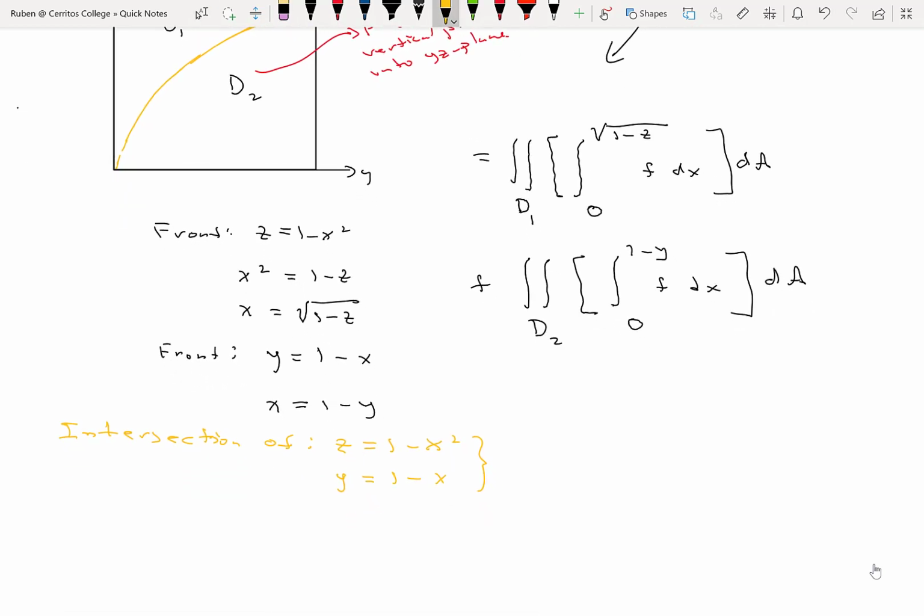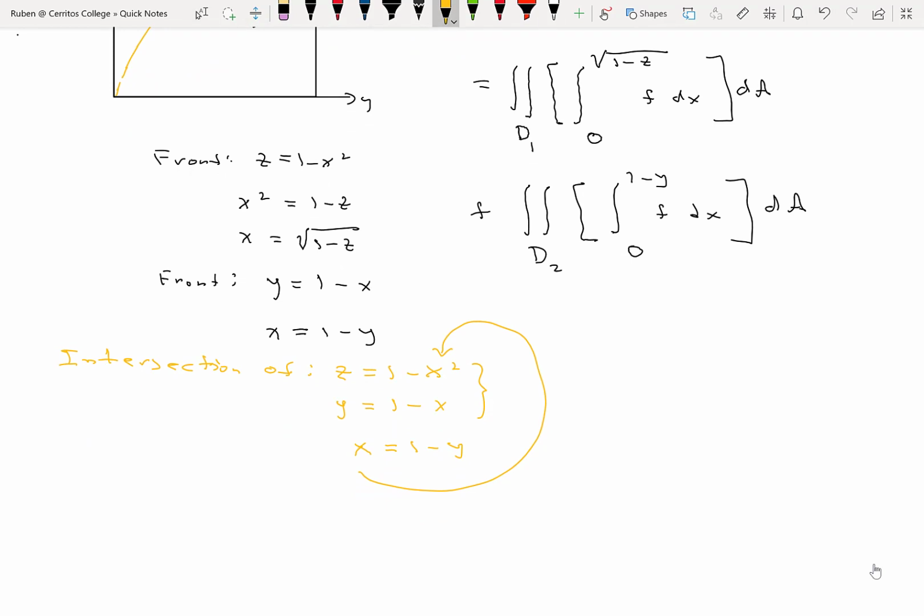The simplest one to solve for x is the second one. So x equals 1 minus y. Then substitute that value back into z equals 1 minus x squared to get z equals 1 minus y, quantity squared.